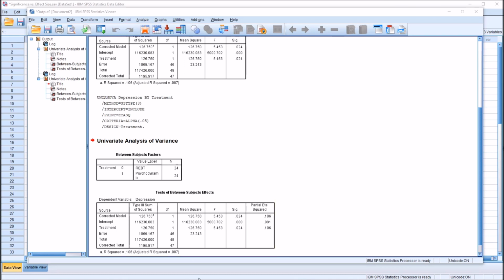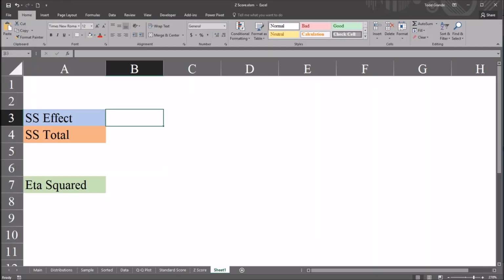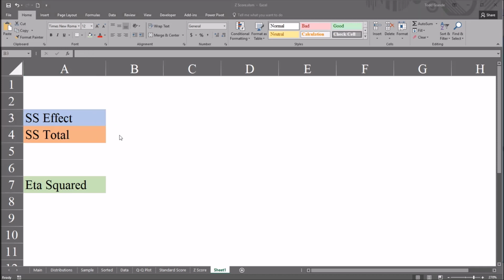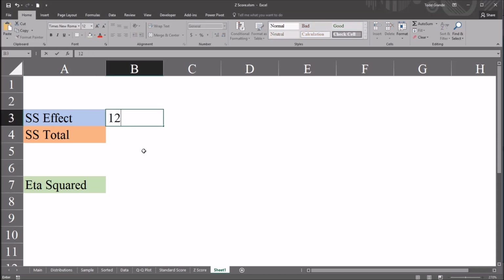1195.917. So moving quickly over to Excel, we have the sum of squares effect, and that would be the sum of squares for that treatment variable in that output table in SPSS, and sum of squares total, again that would be the corrected total. So this would be 126.75, and for sum of squares total that was 1195.917.